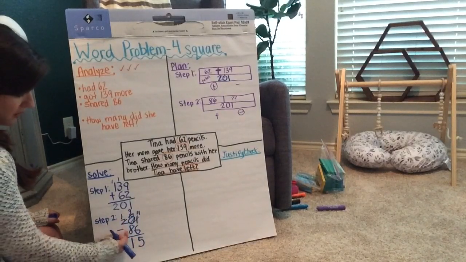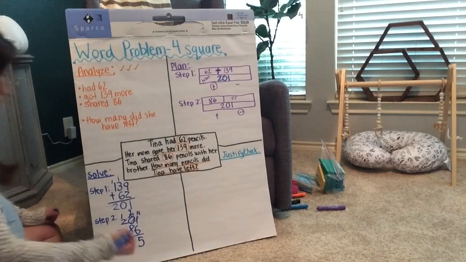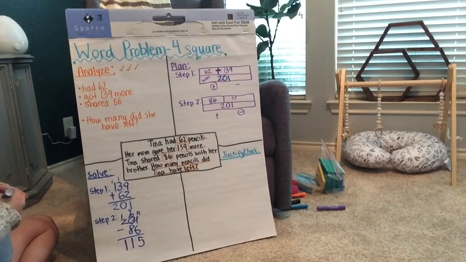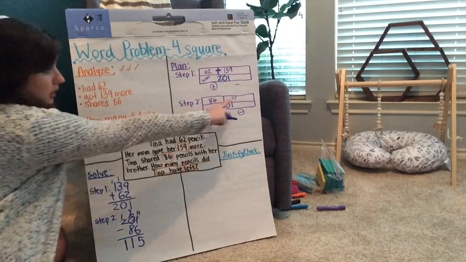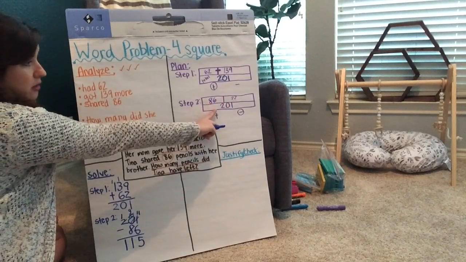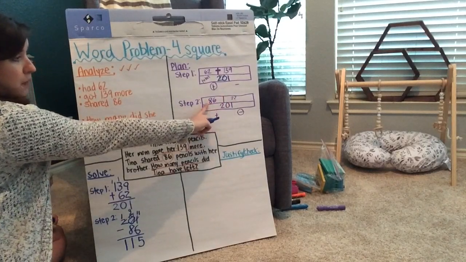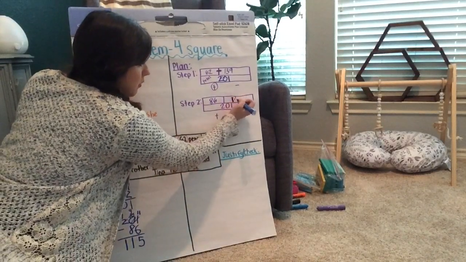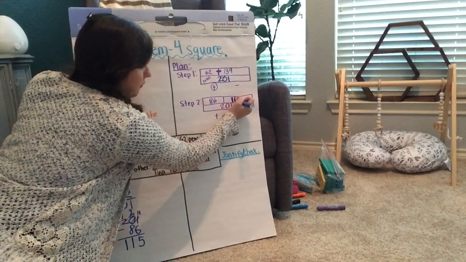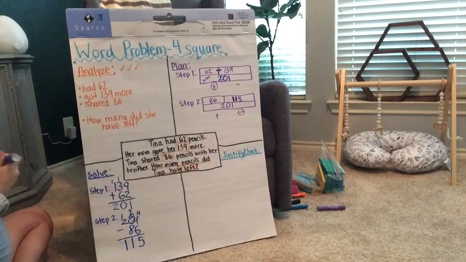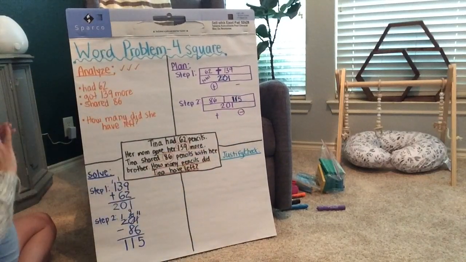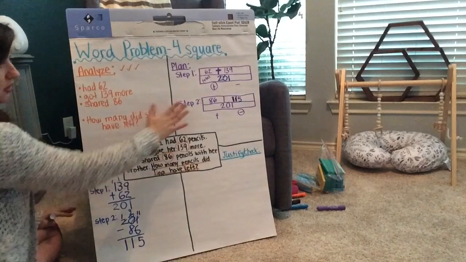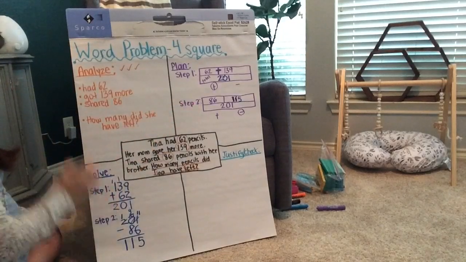And 1 minus nothing is 1. So now I have my answer to plug in. So after she had 201, gave her brother 86, she was left with 115. Okay? So I have officially done step 1, step 2, and step 3.